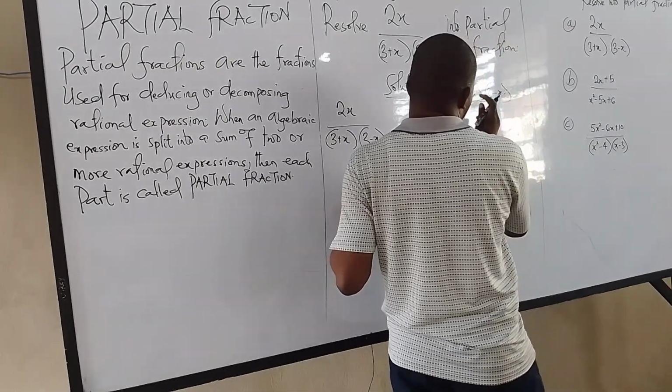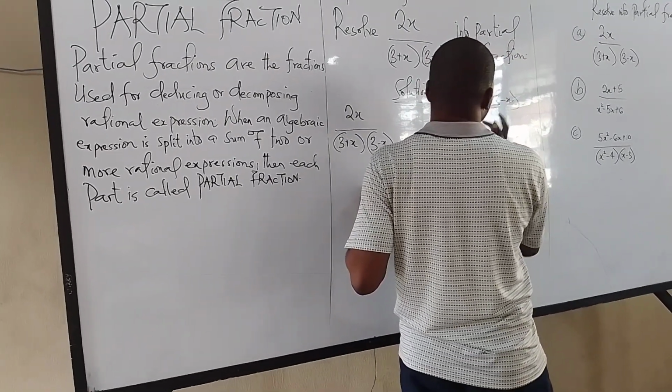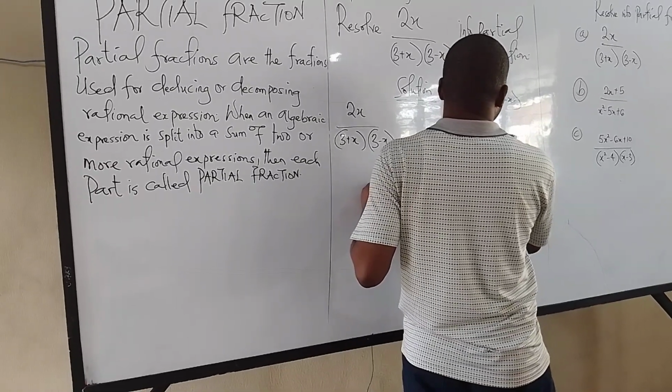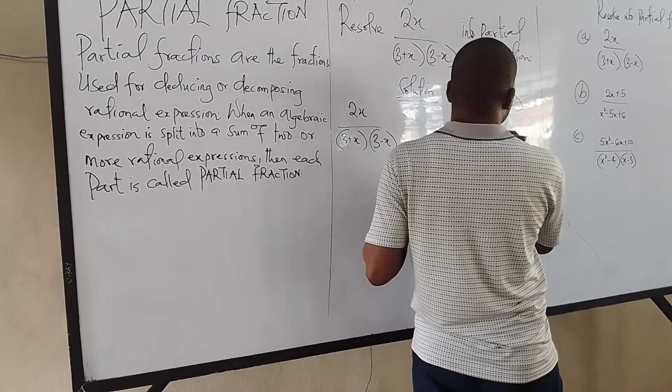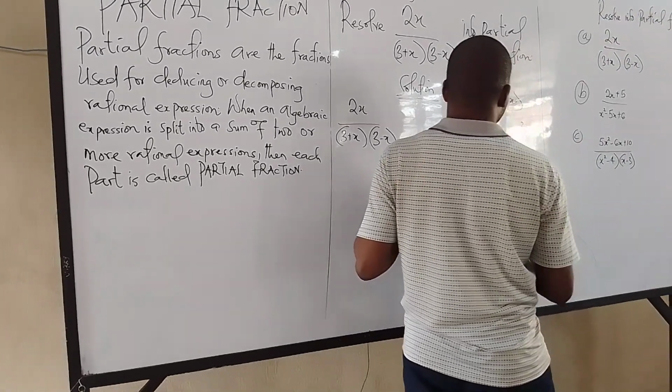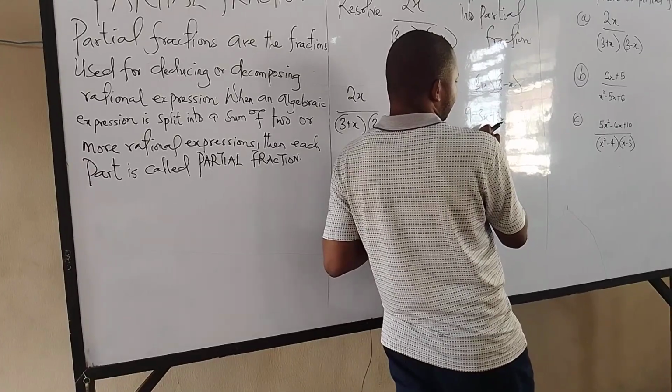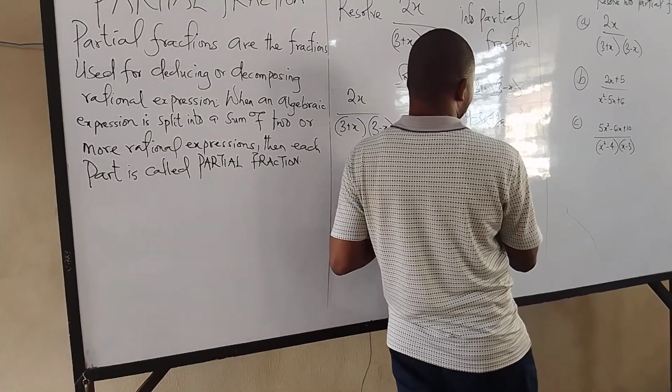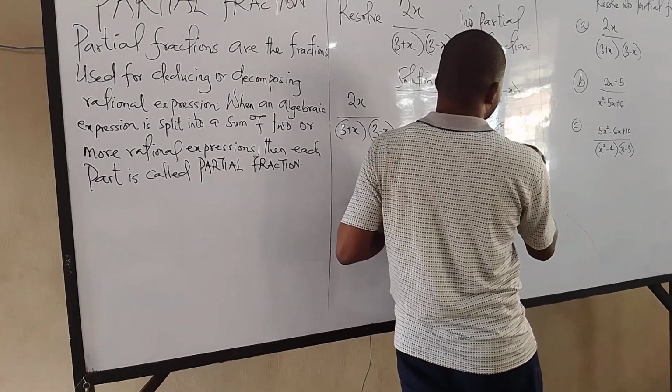If you multiply out, 3 times 3 gives you 9. 3 times minus x gives you minus 3x. x times 3 gives you plus 3x. x times minus x gives you minus x squared. So this one is minus 3x, this one is plus 3x, this will cancel this, so this is 9 minus x squared.